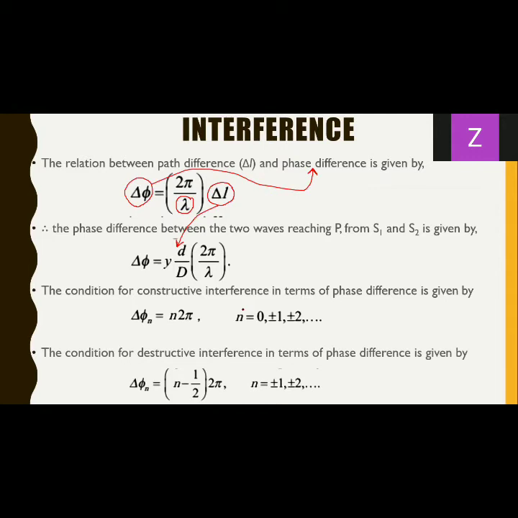So this is the formula which we have for the phase difference. The previous formula which we derived was for path difference. So I hope you have understood this particular point. I'm telling you again, we are going to use this formula whenever we go for solving numericals. Okay. Any doubts till this point? Bolo re yes or no?